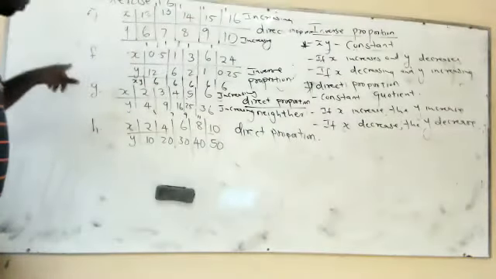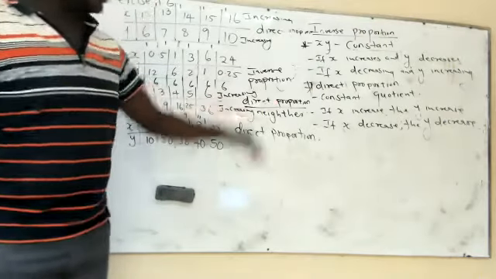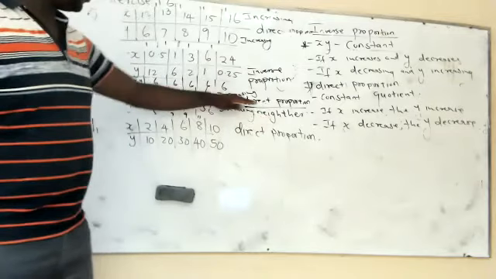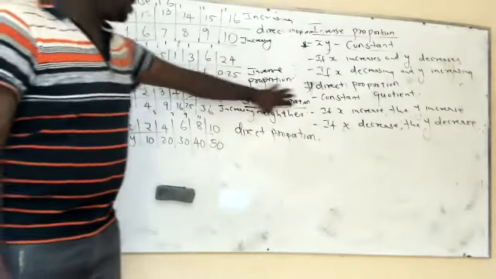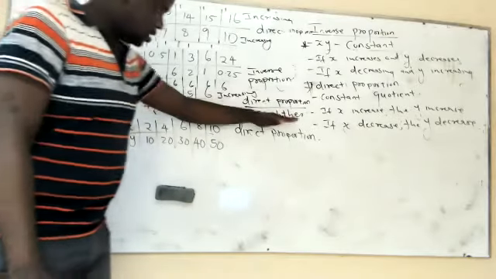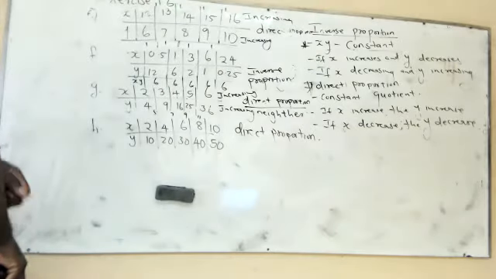So on question number G, if you write direct or you write neither, they can give you a mark. You are not at a level where you can explain the direct proportion for this further. So if you write neither, they can give you a mark for that.